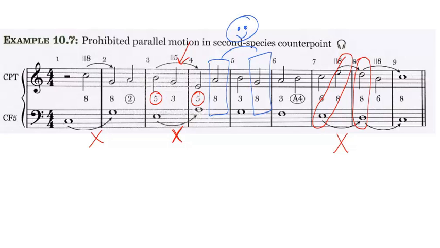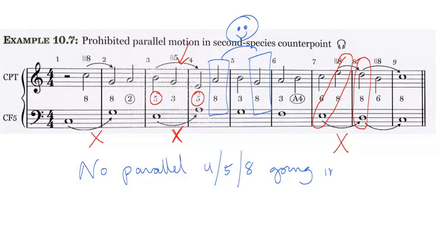So again, what we're going to say is no parallel unisons, fifths, or octaves going into a downbeat. And so that means that downbeat to downbeat is bad and offbeat to downbeat is bad, but offbeat to offbeat is fine. That's really all I have to say about that.